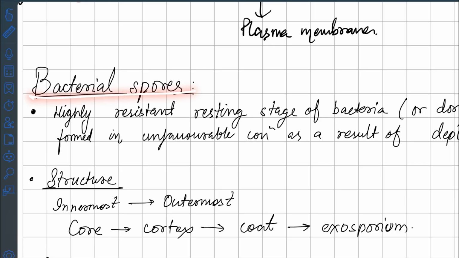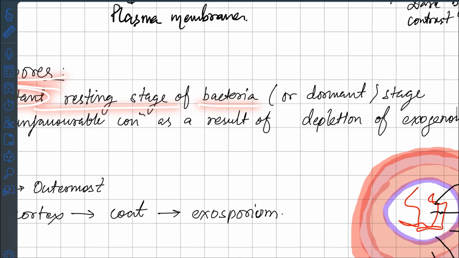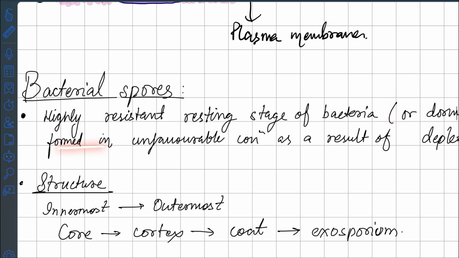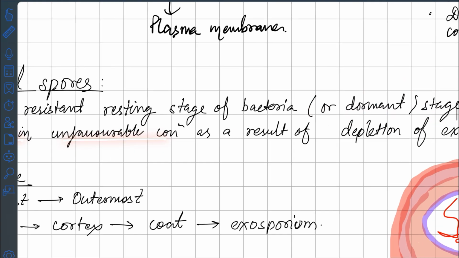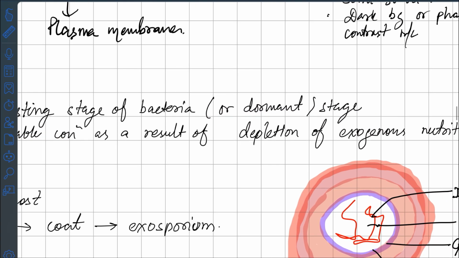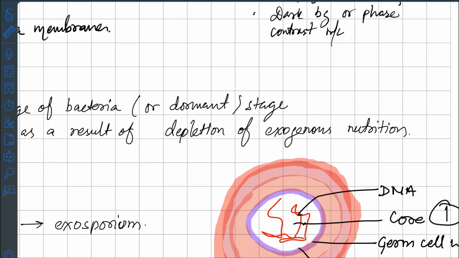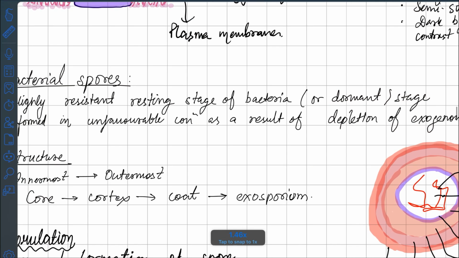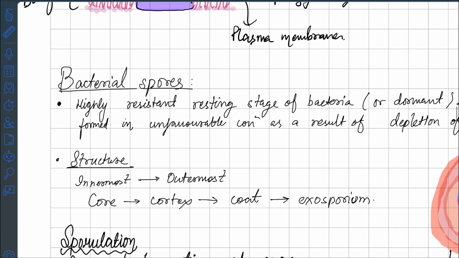So bacterial spores are a highly resistant resting stage of bacteria, or you can say a dormant stage, which is formed in unfavorable conditions as a result of depletion of exogenous nutrition. When there is no nutrition outside, and the conditions are unfavorable for growth, the bacteria goes into this dormant or resting state known as spore.